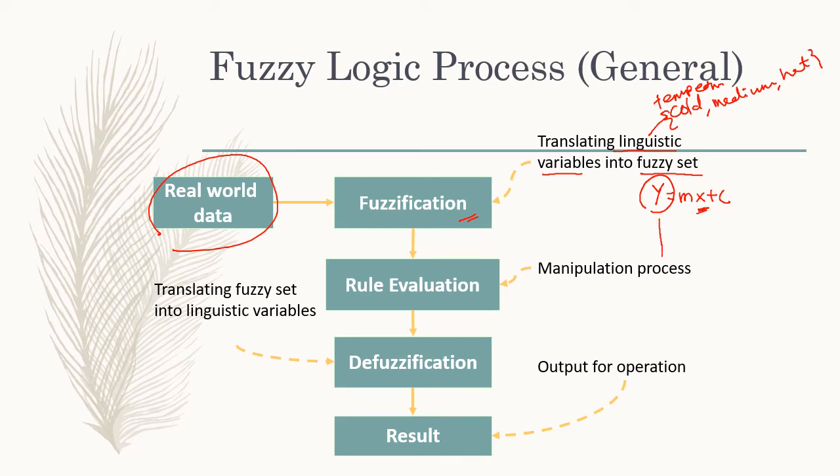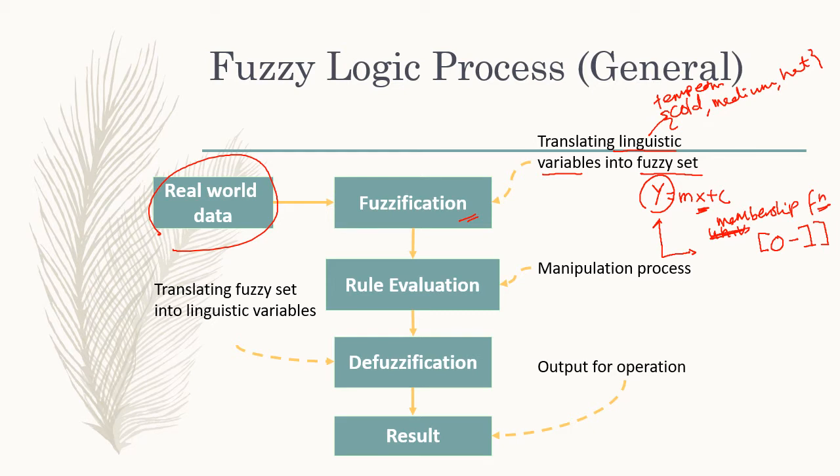Those y values are the universe of discourse. Sorry, this is not the universe of discourse, it is the membership function. So that membership function, which comes in values 0 to 1, is the result of the fuzzification process.